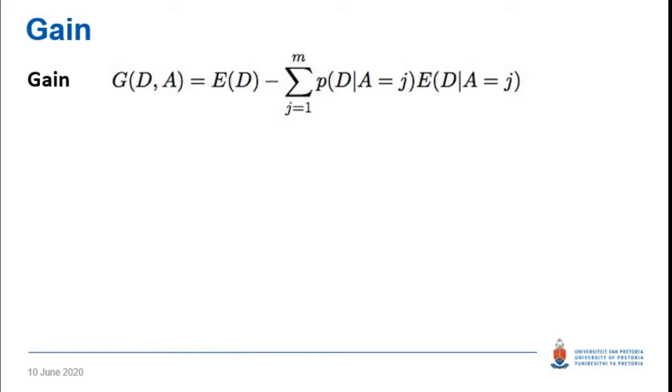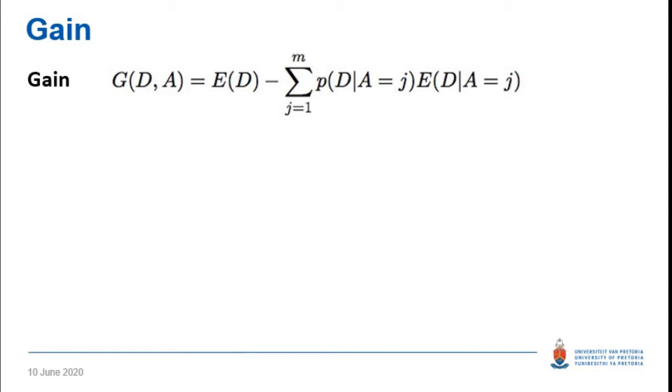So in calculating the gain, we also need to calculate the entropy, which we've just looked at. We look at the overall entropy, which is E of D, but we also look at the sum of the probability of a particular attribute value occurring in the data set, and then the entropy for that attribute with that particular value.